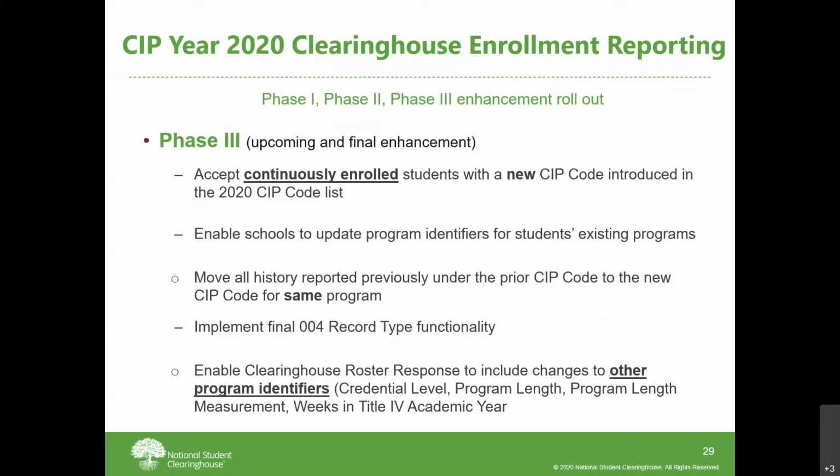And so things like credential level, program length or measurement, and your weeks in Title IV, those functionality pieces, we're going to incorporate those as well to help better support the process and just to align with everything that's absolutely needed to make the CIP year 2020 transition work as intended and behaviorally be what is expected.